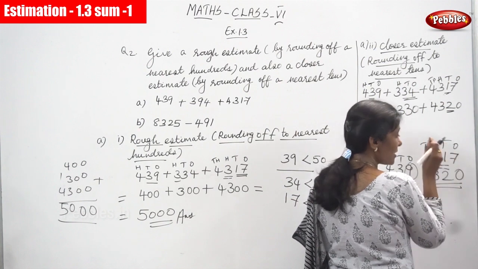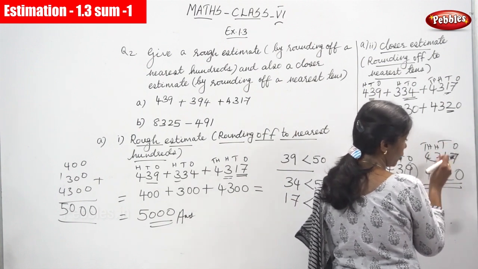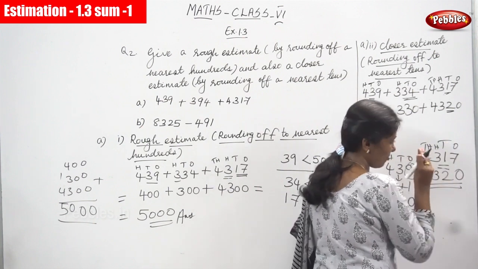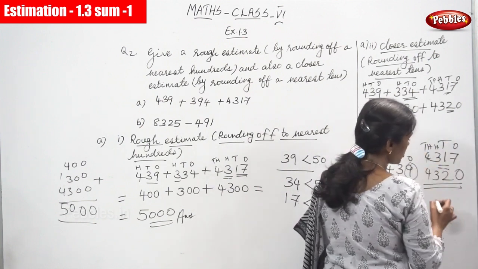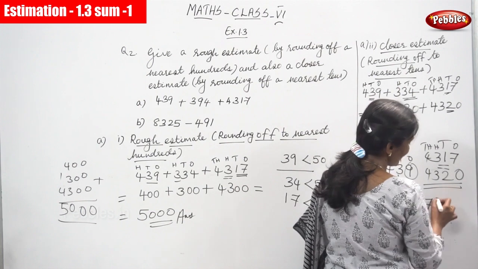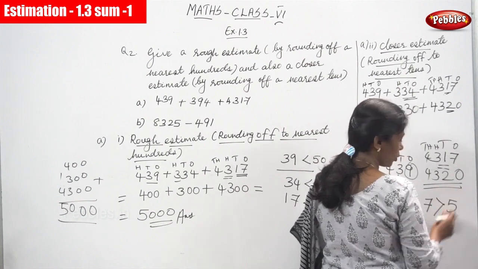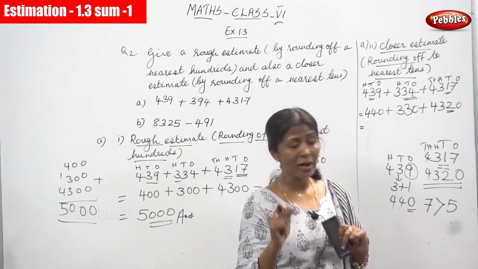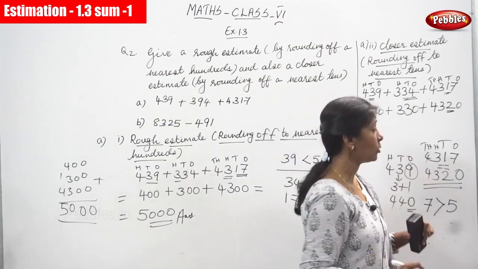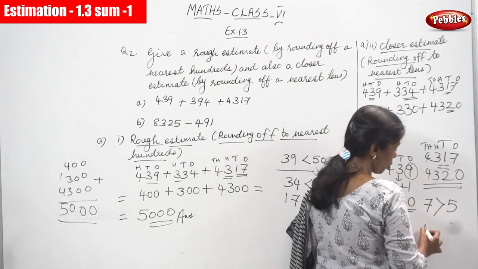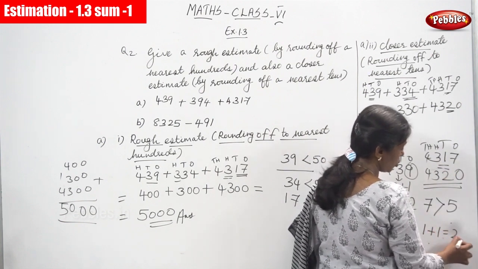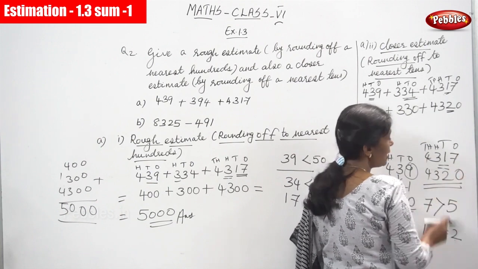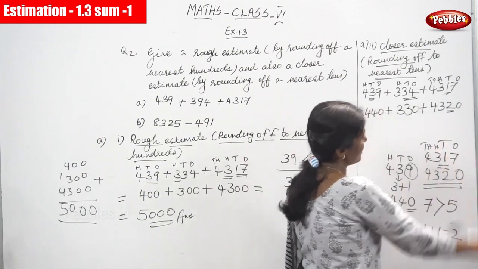So for rounding to the nearest 10, you should consider not only the tens place value but also the ones place value. 7 is greater than 5. I've told you already, 5 and above 5 means you have to add 1 to the tens place value. Tens place value is 1, so 1 plus 1 becomes 2. The ones place value, instead of 7, becomes 0, that is the rule. So 4320 is the right answer.